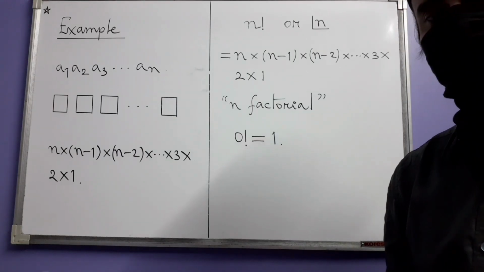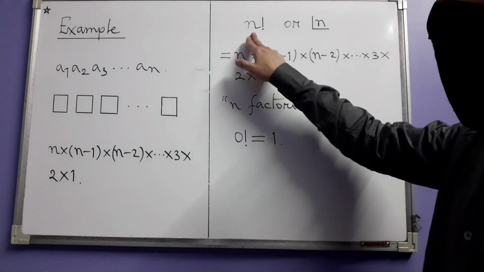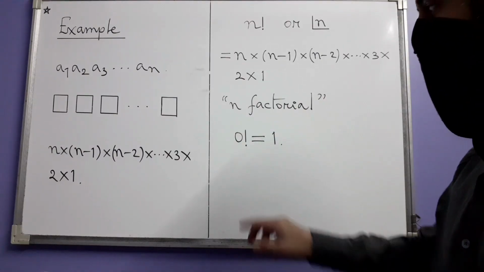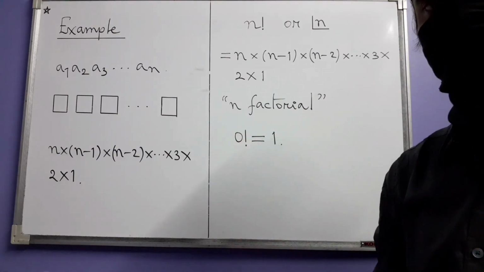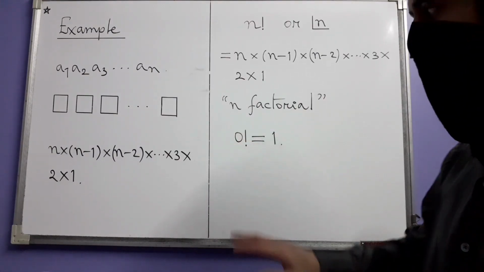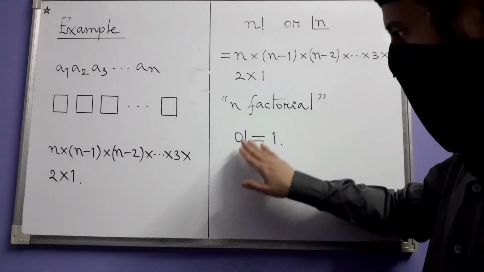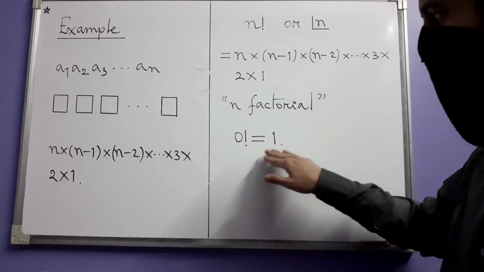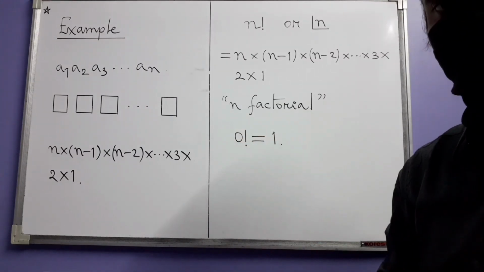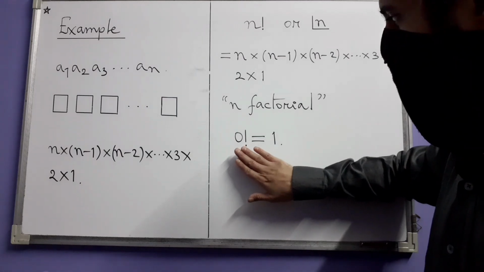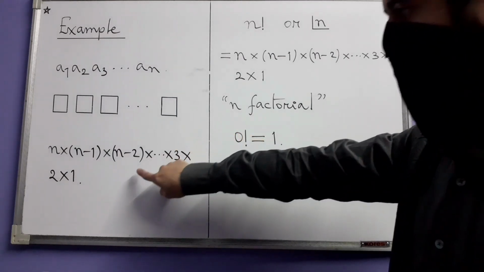We extend the scope of this symbol n factorial slightly by including 0 also. However, the definition of this symbol 0 factorial is that it just is 1. Do not try to think of 0 factorial as this product.